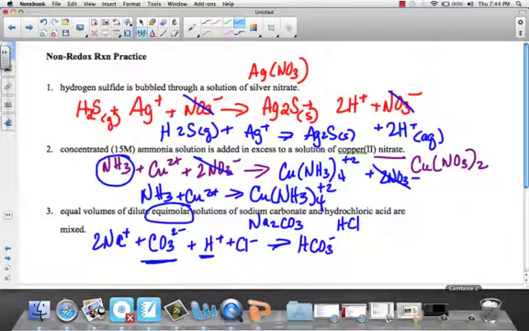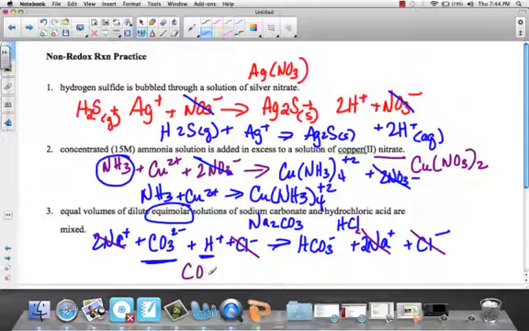So if I have H plus, then I can only have a 1 to 1 ratio, so it's going to be HCO3 minus. And then my Na plus, Cl minus, 2Na plus. So this is going to cancel, and this is going to cancel. So my net equation is CO3 2 minus plus H plus yields HCO3 minus.